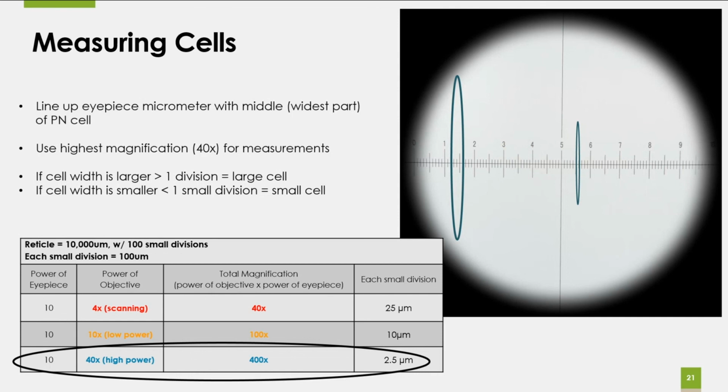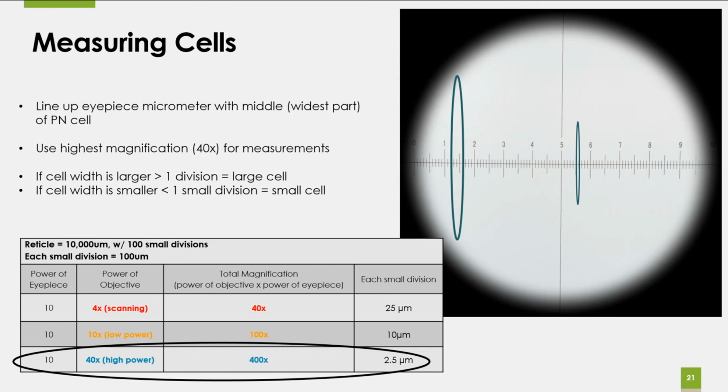So I'm going to measure. My general rule of thumb is that each of these very small divisions, and there are 100 of them, is 2.5 microns, or micrometers, same thing.